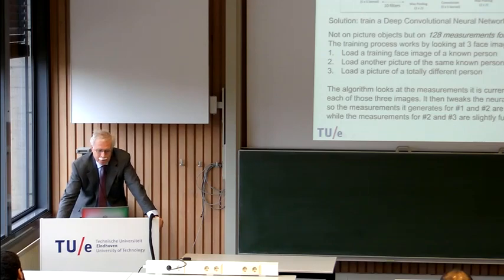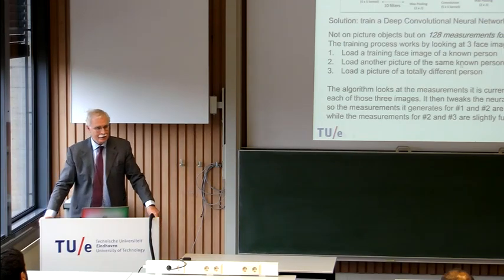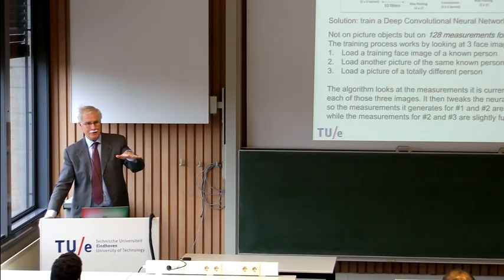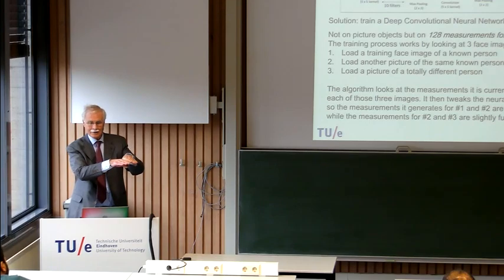And then how do you train this network? Well, they need to find an error, and they say, okay, let's look at 3 faces at a time. You load the training picture of a known person, you load another picture of the same known person, and you load the picture of a totally different person. And now you know what to minimize. The 2 pictures from the same person should be identical.